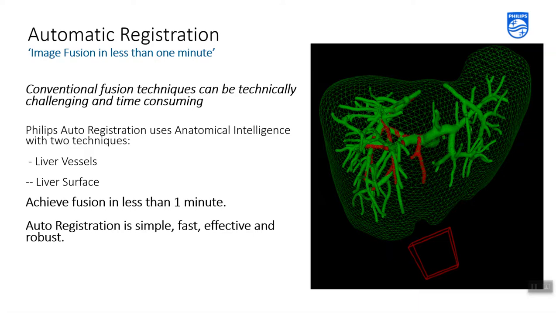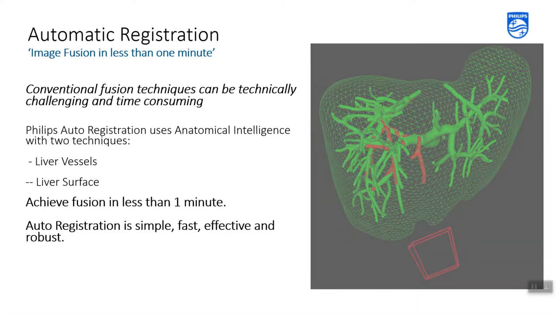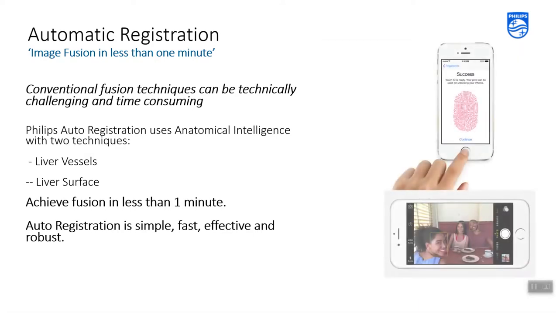The registration algorithm then finds the best fit to align the 3D vessel tree within the liver CT volume and the 3D vessel tree acquired within the ultrasound sweep volume. Just to draw an analogy, it is like a fingerprint matching technique.